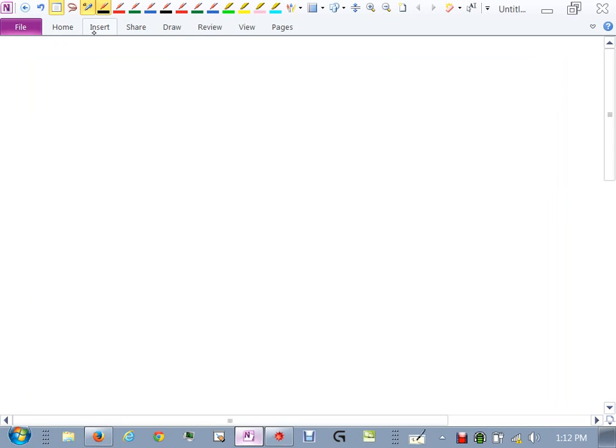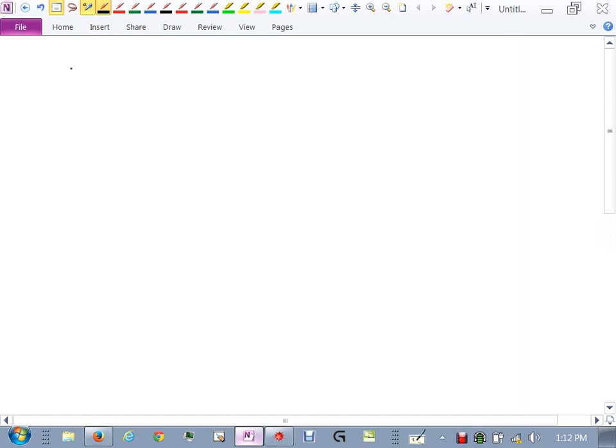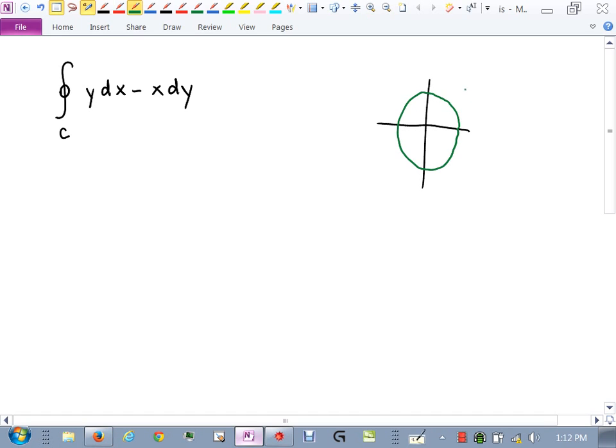So I'm going to be doing the line integral over the closed positively oriented curve C, y dx minus x dy. And I'm doing this over the unit circle centered at the origin. That's my C. Am I positively oriented? Well, I need to go this way, right?